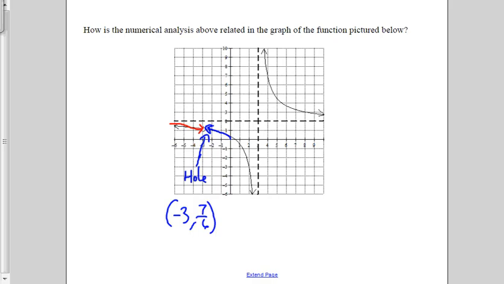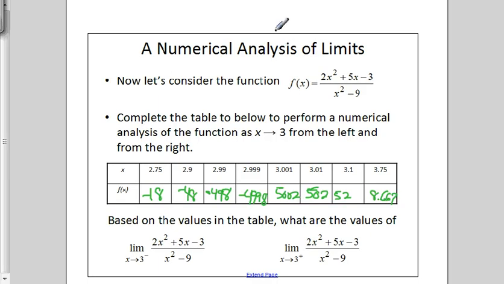All right, let's move on to the last one of these problems. Okay, so now take a look at the function as x approaches 3. Well, here's 3 right in here. So let's look from the left. That's what they want: the limit of the function f of x as x approaches 3 from the left.